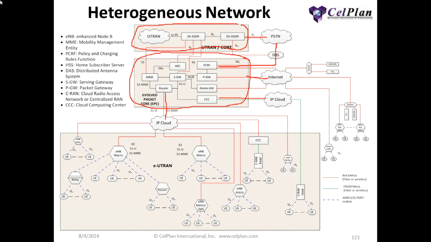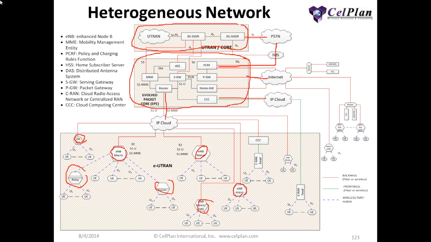Those IP clouds interconnect eNBs. They interconnect picocells, relays, repeaters, metrocells, and microcells.